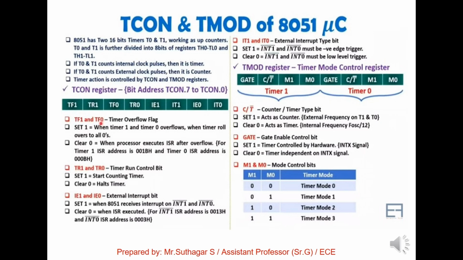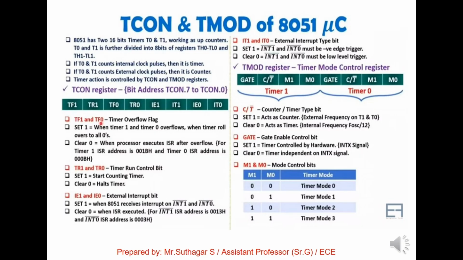IE1 and IE0 are the external interrupt bits. As I told you, you have two external hardware interrupts over here, INT1 and INT0. The bit will be set to 1 if you have an interrupt from INT1 or INT0, and it will be cleared to 0 when the ISR is executed for that particular interrupt.